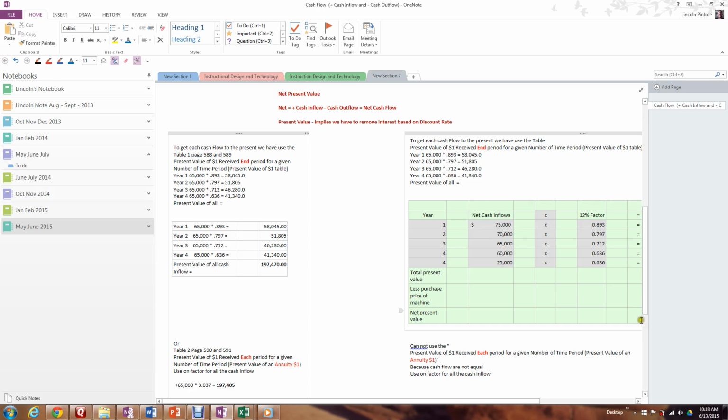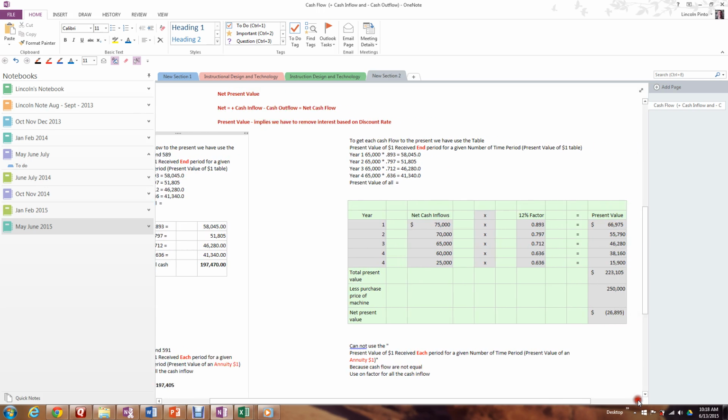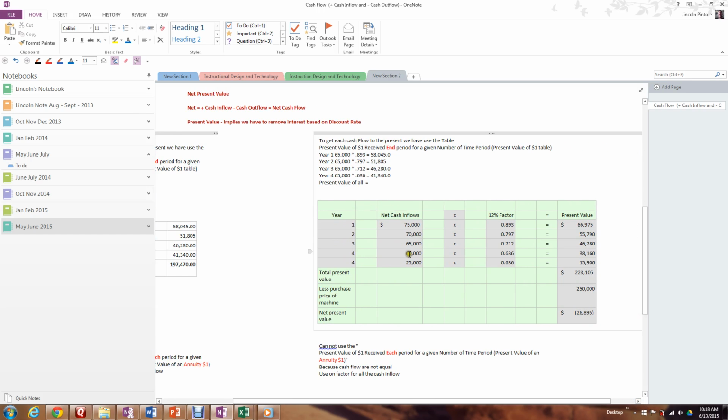Well, I think it's pretty straightforward how you can get this. You have the years, you have the cash flows, you multiply the cash flows by the factors you get from table 1, and you have all of your present values of the cash flows. And then you subtract your initial cash flow to get your net present value of the cash flows.